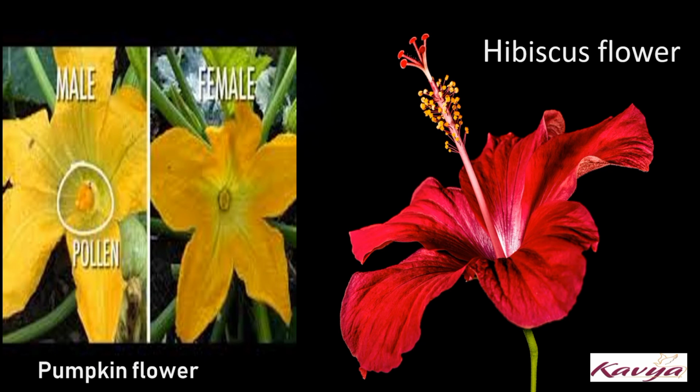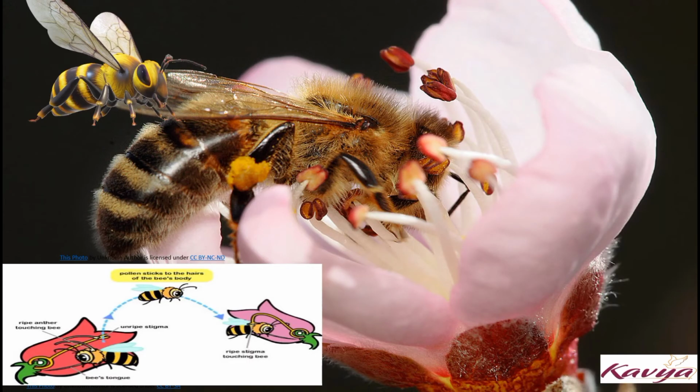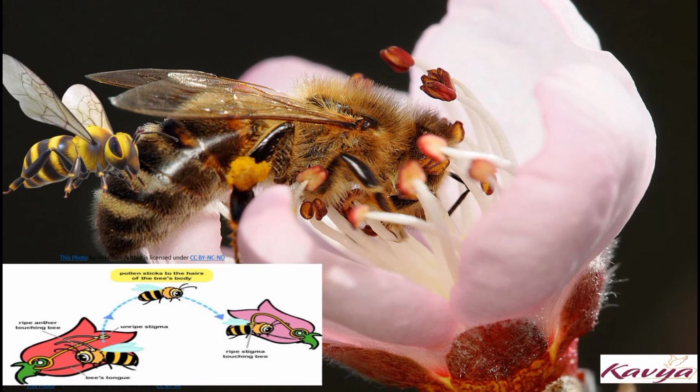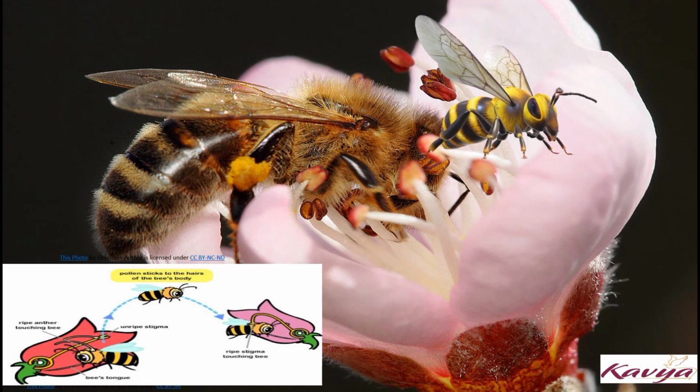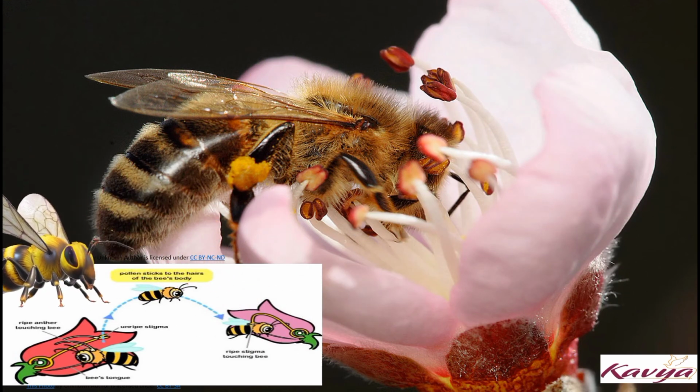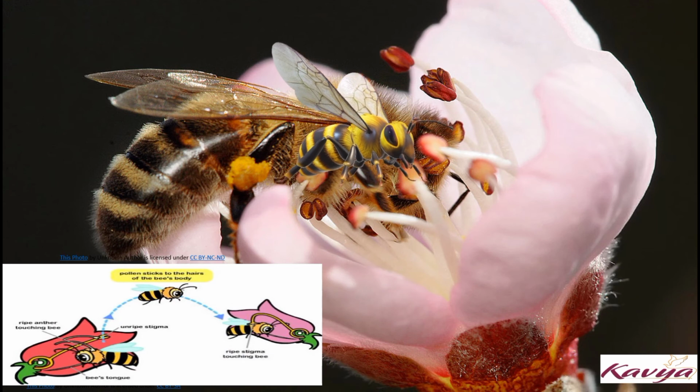Now let us see why the flower needs attraction. When the color of the petals or the scent of the flower attracts insects, they sit on the flower, and during that time the pollen grains may stick to their legs or body. Then students, when they sit on the same flower again, the pollen grain is transferred to the stigma.